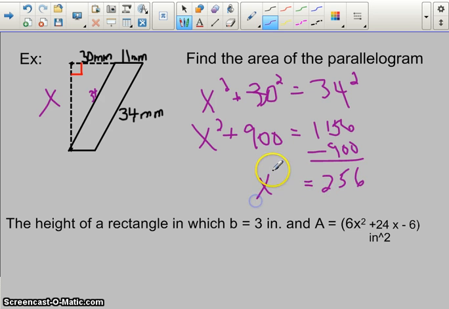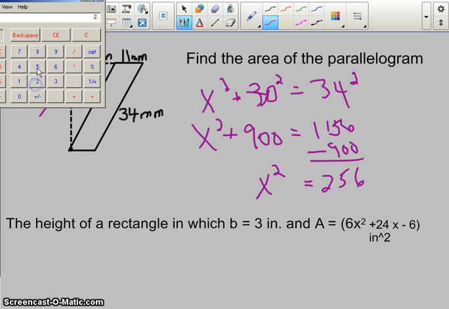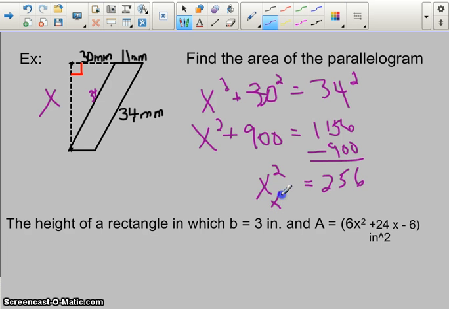So x squared is equal to 256, so we're going to take the square root of 256, and that's going to give us 16 for x.